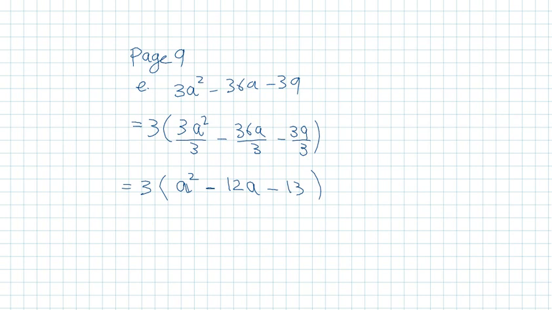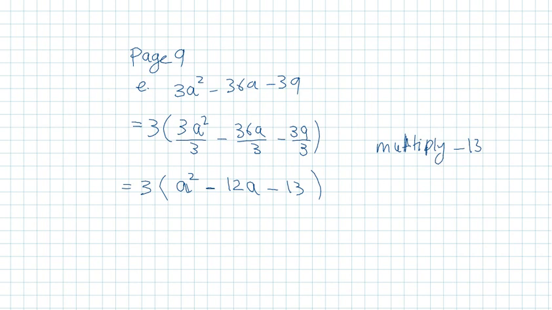A binomial or a trinomial? Trinomial. Okay, so I have a trinomial. That means if I want to factor, I'm going to have to factor using sum and product. This is the only way I can factor a trinomial. Okay, so I'm looking for two numbers that multiply to negative 13 and add to negative 12.